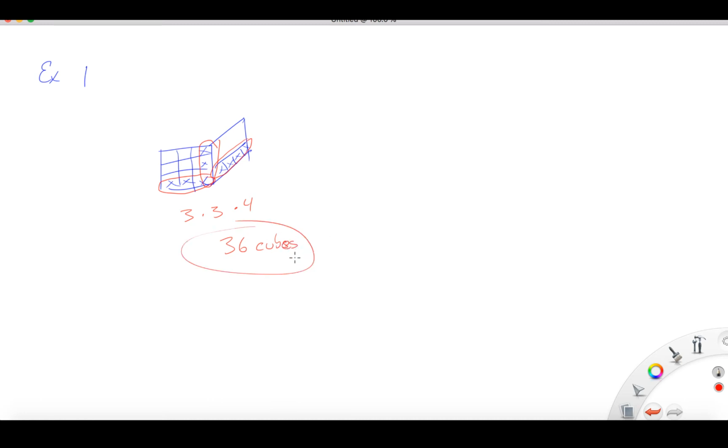Spell that right, cubes, not cubs, cubes. We know that because of the third dimension that we have here, and we've seen how to solve for volume in other ways as well, but this gives you a real easy way to see the explanation with all those little cubes that plug into it.